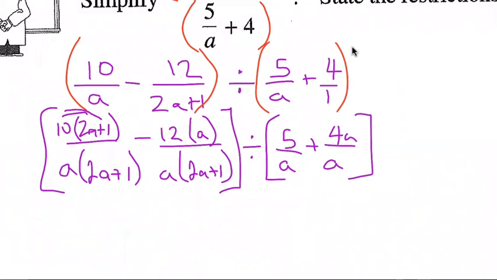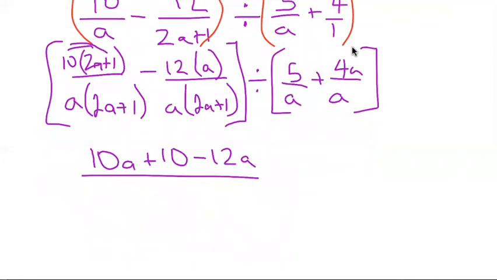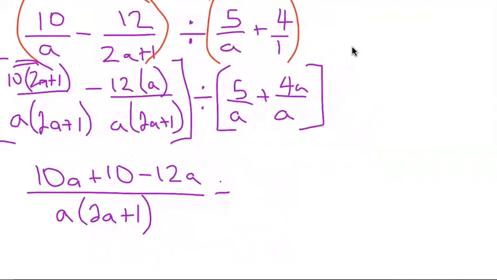So this is going to give me 10a plus 10 minus 12a all over a bracket 2a plus 1, divided by 5 plus 4a all over a.